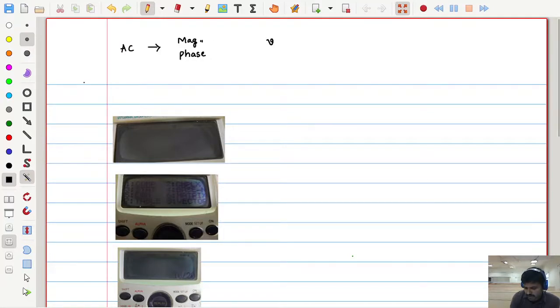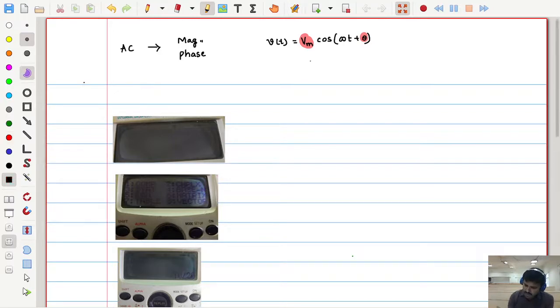For example, if I have a voltage of Vm sine or cos, it's your wish. Let me take the cosine function: Vm cos(omega t plus theta). In this, our major concern is the magnitude and the phase of the system, which is the phase difference.